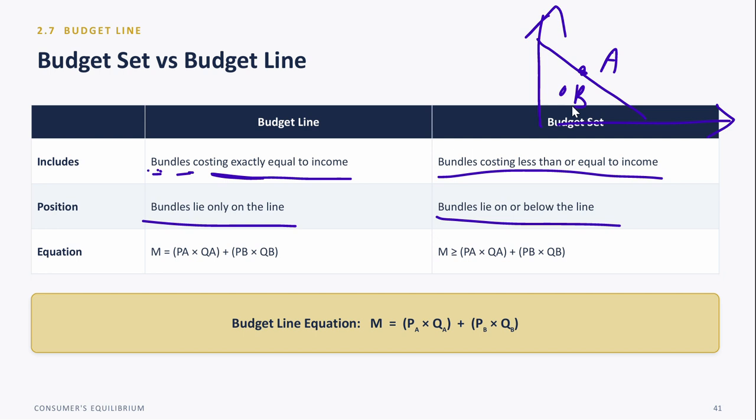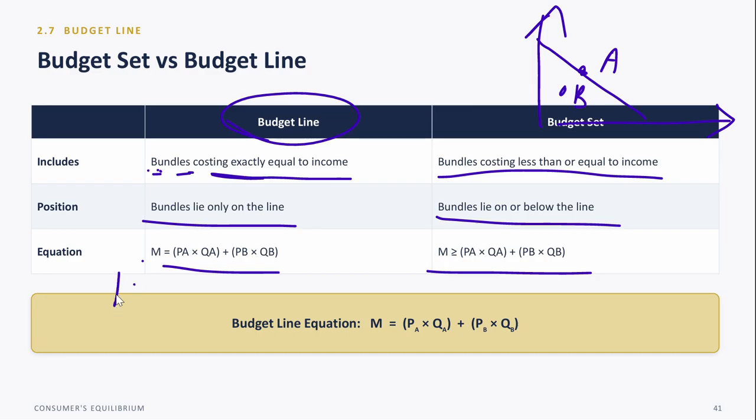So point A is going to be a part of the budget line only, whereas point B is going to be a part of the budget set because it costs less than the budget. So the equation is M = PA × QA + PB × QB, and here the equation is M ≥ PA × QA + PB × QB.